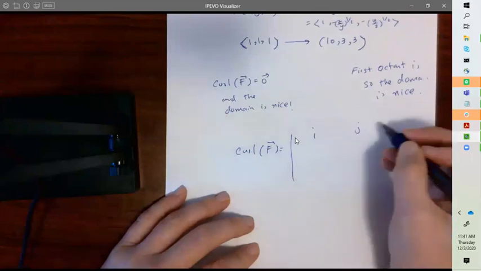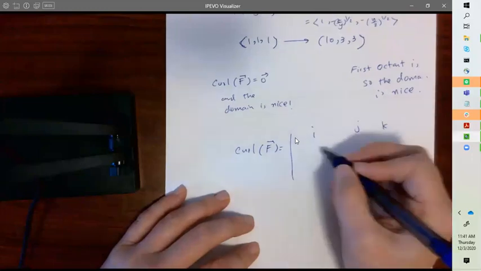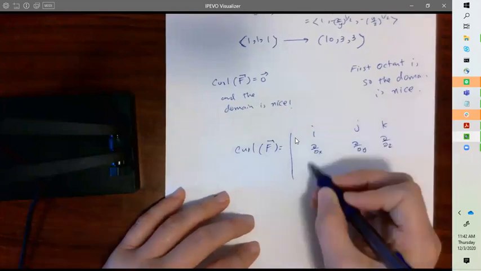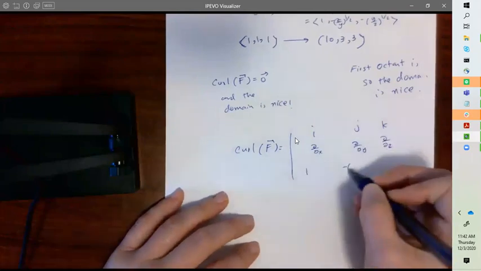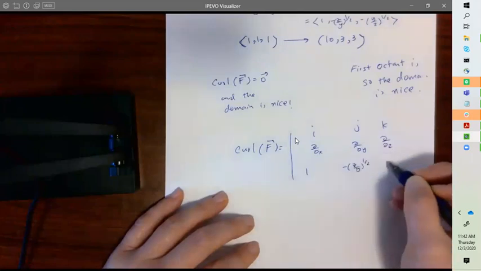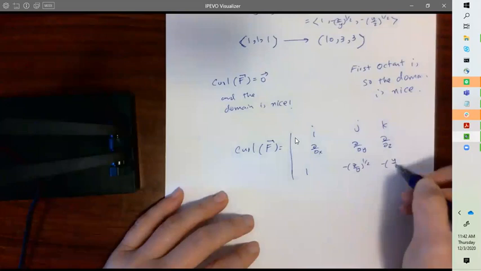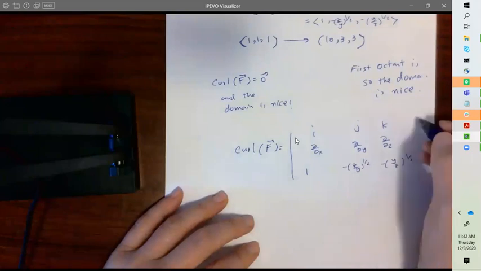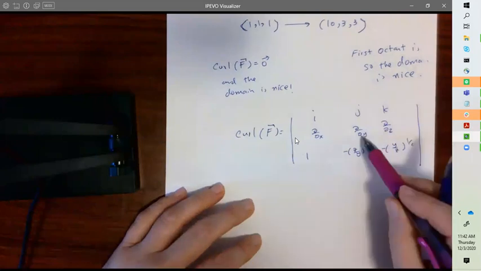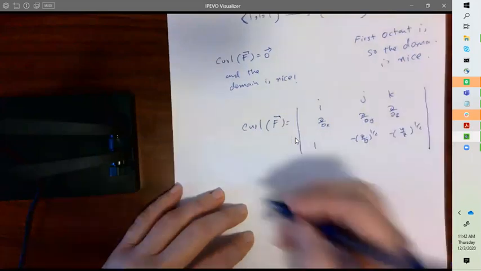i, j, k, partial x, partial y, partial z. And then 1, negative sqrt(z/y), negative sqrt(y/z). The first one is for i.